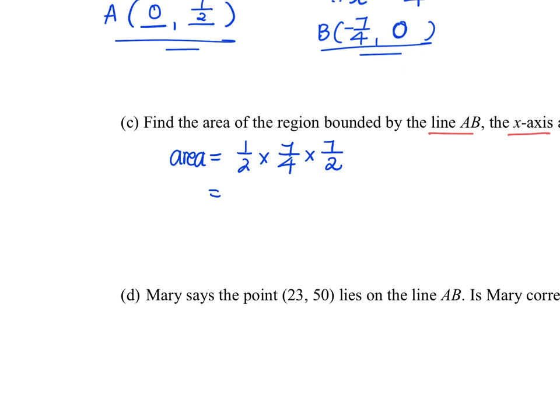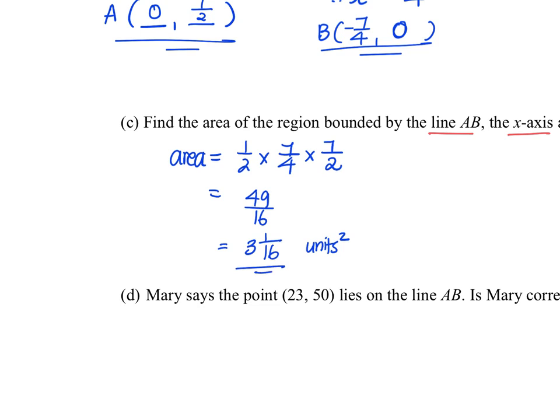Square units. So let's work out this number. And I get the answer 49 over 16. Or if you prefer, you can write it as a mixed number, square units.